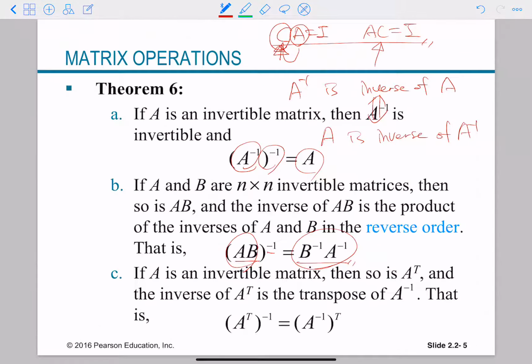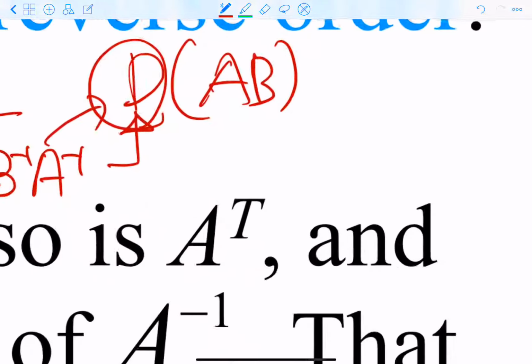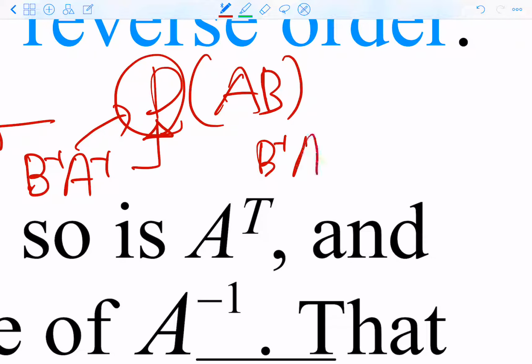Okay, and then let's confirm or prove this easily. So suppose we have D as the inverse of AB. And then let's plug this B inverse A inverse into the place of D. So B inverse, A inverse, and AB.